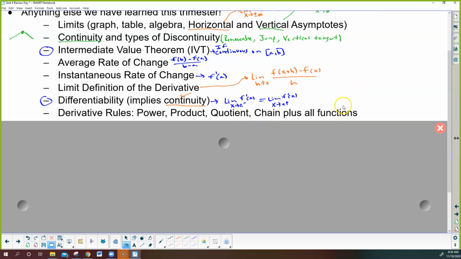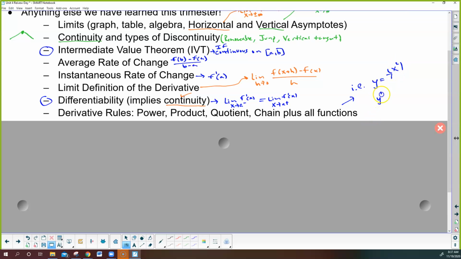The one that is probably most forgotten, what if I gave you this problem right here? Actually, let's do it. Let's do a chain rule one. What if I told you right now, maybe in your head, take the derivative of y equals 7 to the power of x squared?